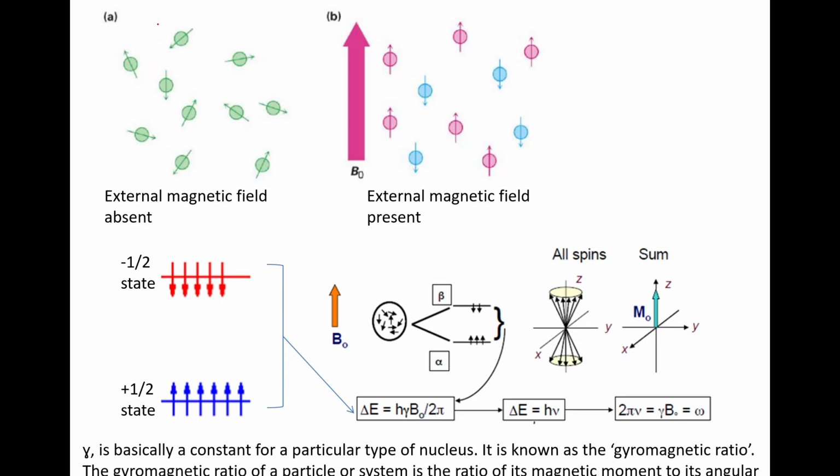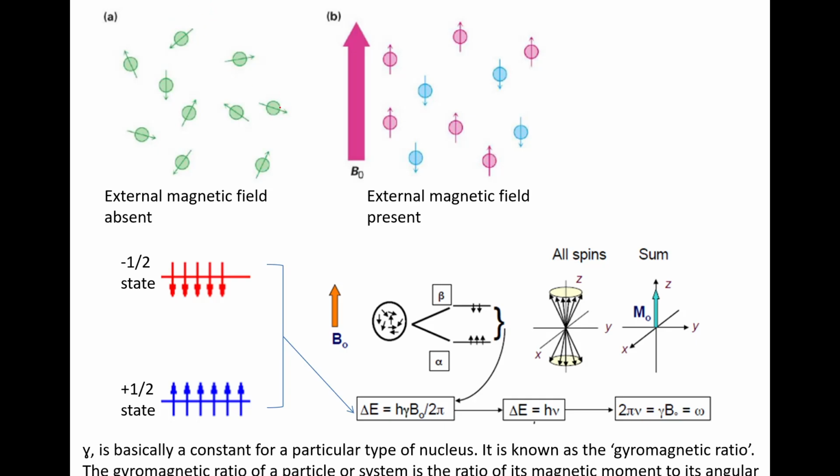So all these electromagnetic waves have two components, electric components as well as magnetic components. So there will be a magnetic field or an electric field associated with these dipoles as well, right? But when you add an external magnetic field, all these randomly oriented dipoles will now orient in two directions.